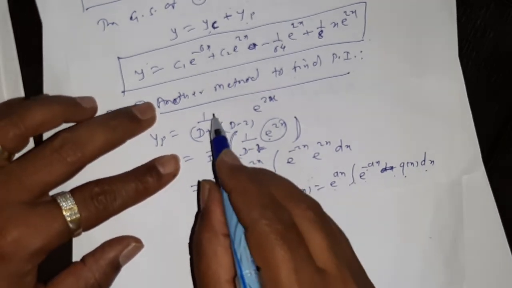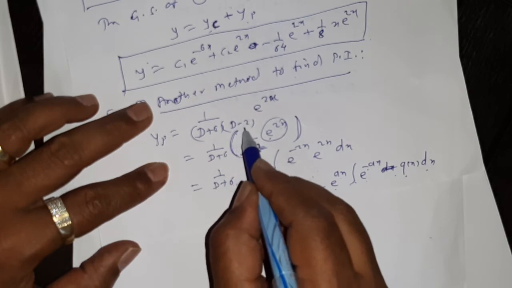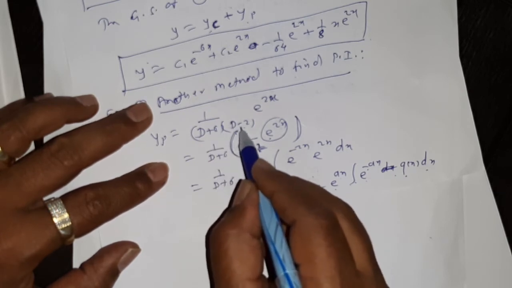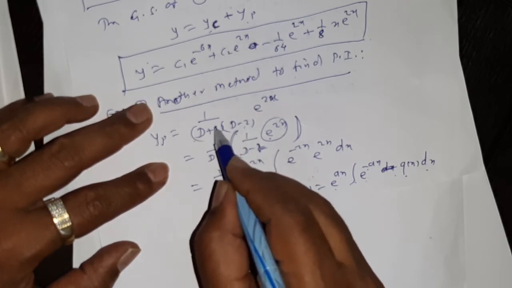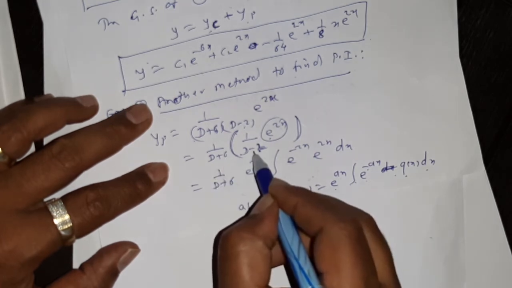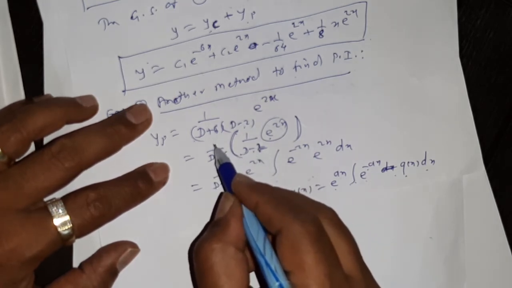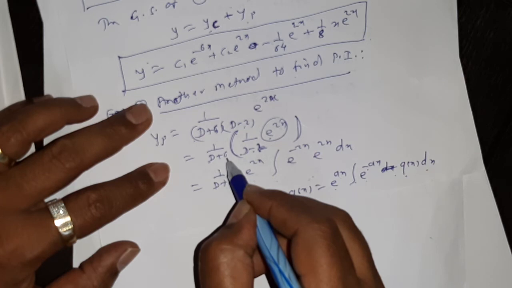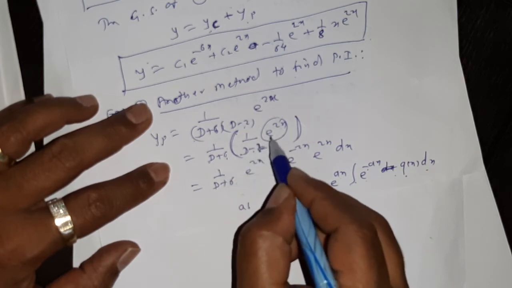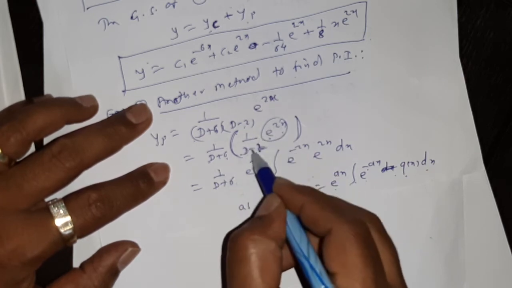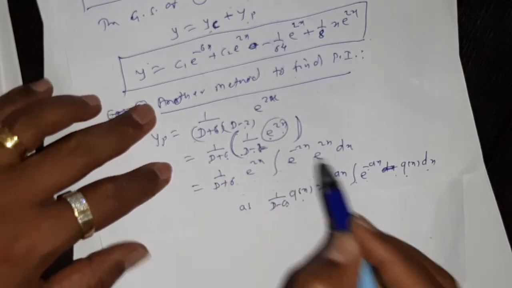Either write this 1 by D plus 6, D minus 2, or we can write D minus 2 first and then D plus 6, and then here we have 1 by D minus 2, 1 by D plus 6, e raised to 2x. Again apply the same rule for this. From both methods we have the same answer.